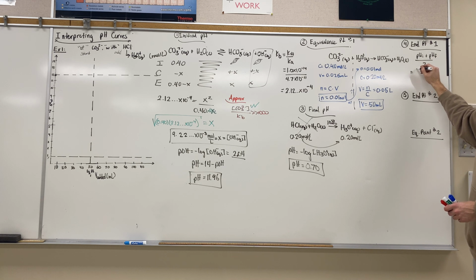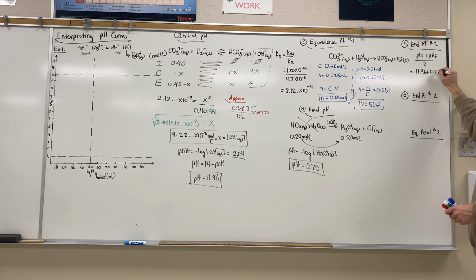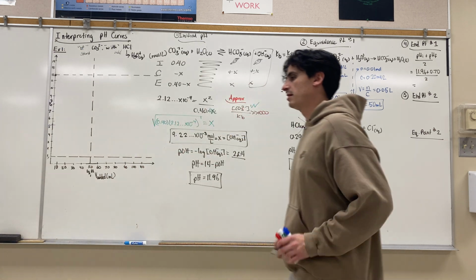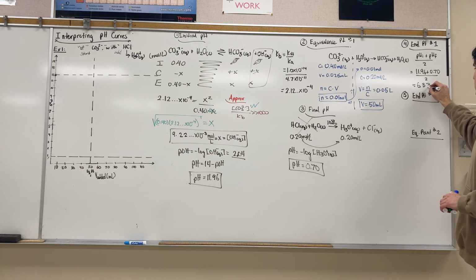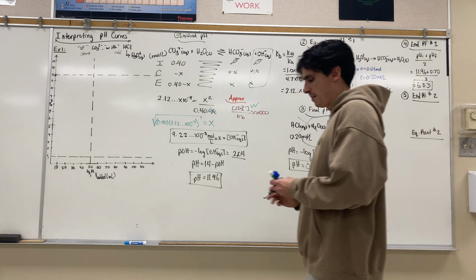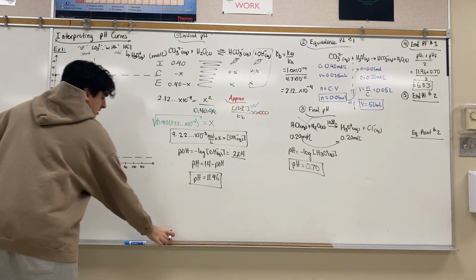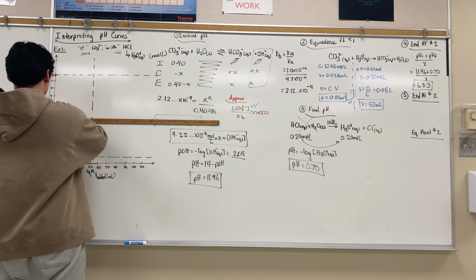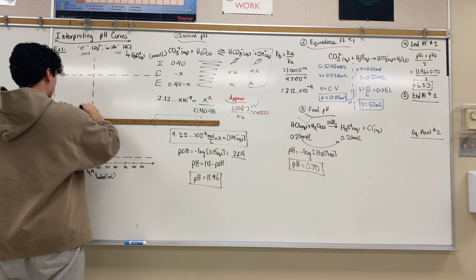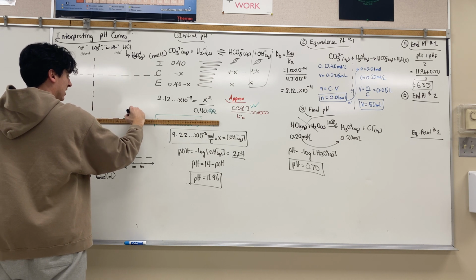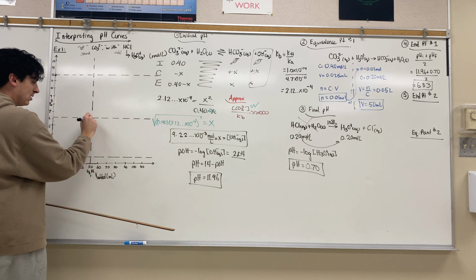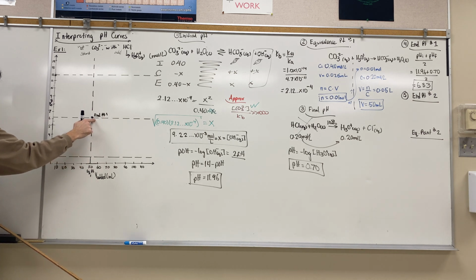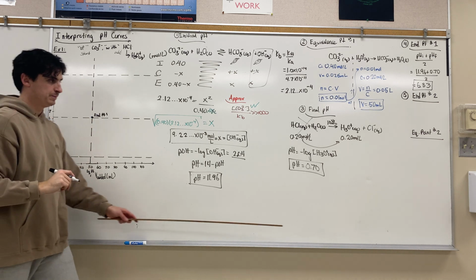That's going to be 11.96 plus 0.7 over 2, which is 6.33. Okay. So I go over here, go to 6.33, and draw a line. Now, remember, if we have a strong acid and a weak base, my endpoint is going to be below 7, and that is exactly what we see. So right here we have endpoint 1, at a pH of 6.33.